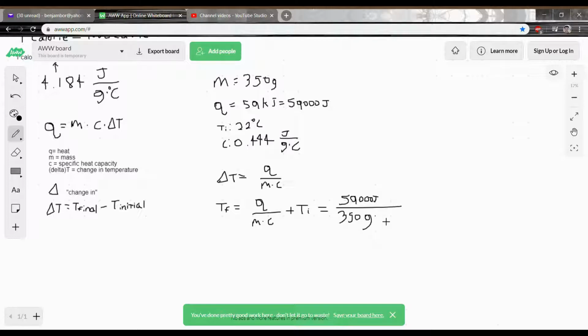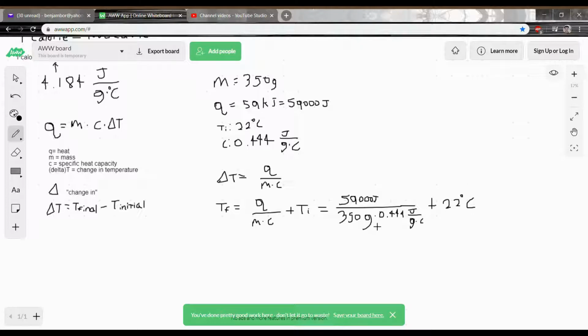And that's going to be multiplied by our specific heat capacity of 0.444 joules per gram Celsius. And we're going to add to that our initial temperature of 22 degrees Celsius.